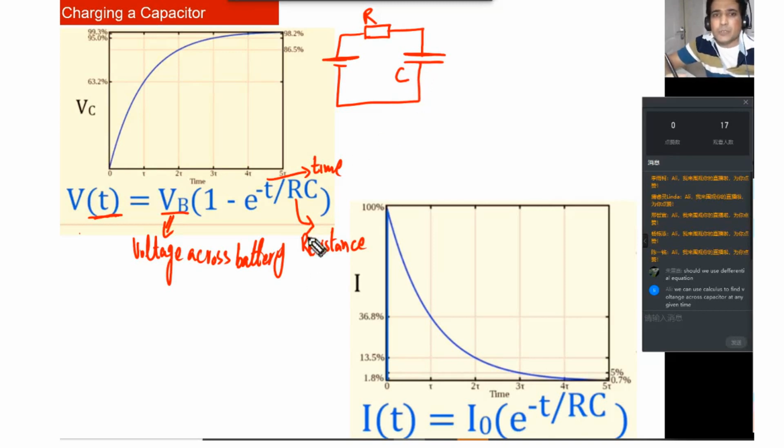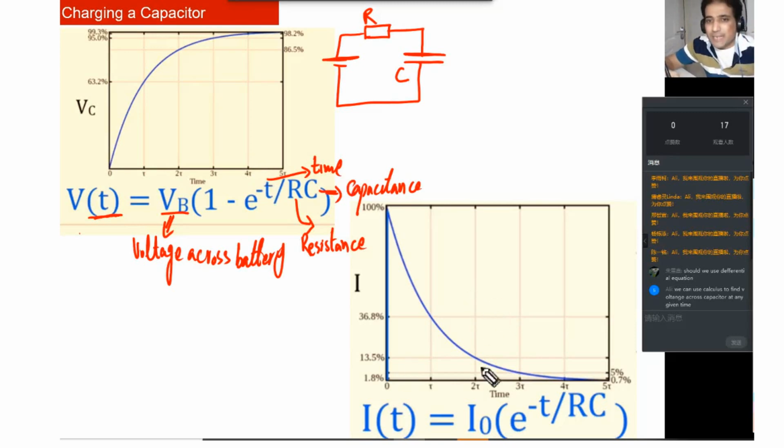So when the capacitor is charging, and if you need to find the voltage at any given time, we can use this one and we can find it. So this is how to calculate.